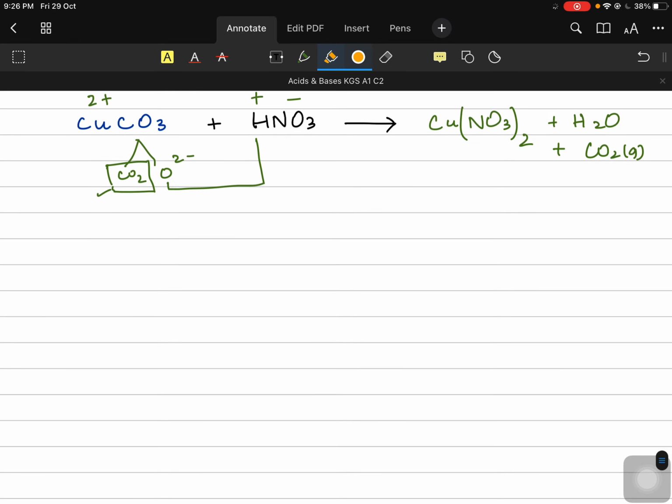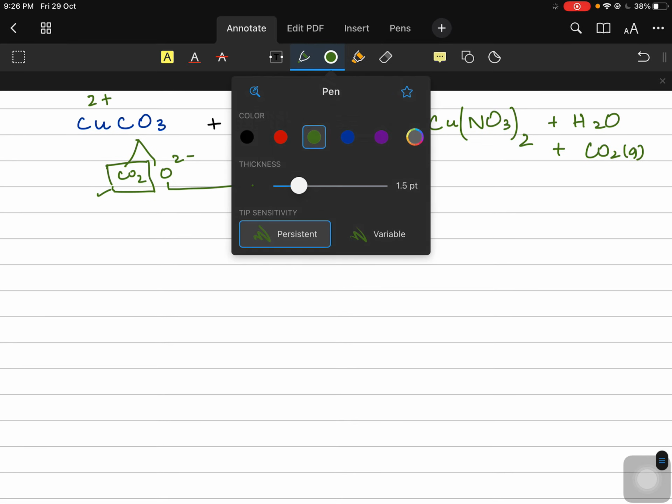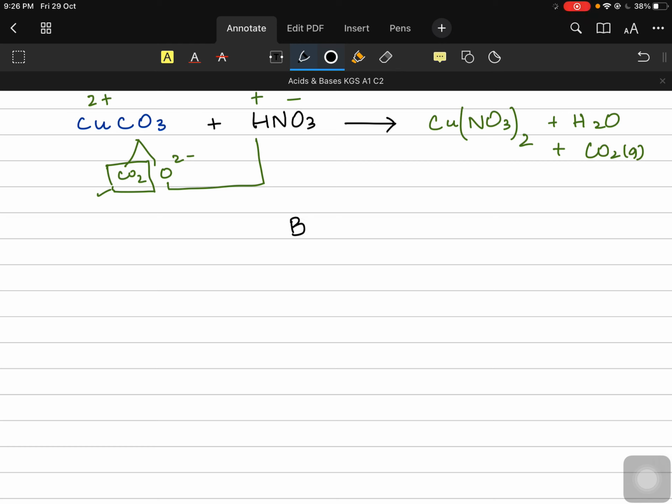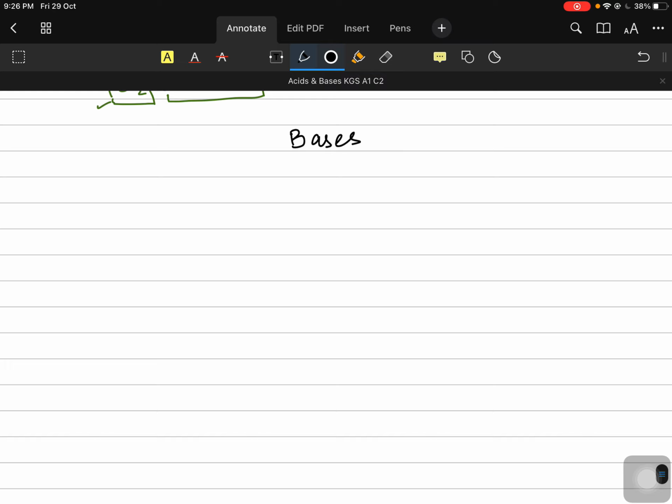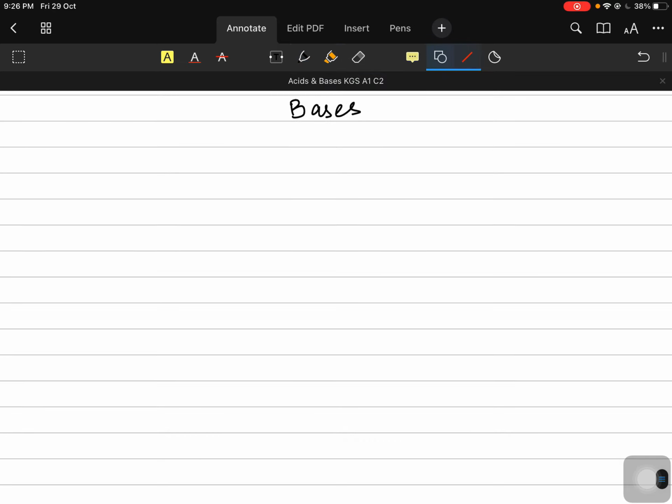In today's session, we are going to be talking about the idea of bases. So we'll see what bases are, because acids react with bases, and we do know that we're going to be calling it neutralization. So we'll see what bases are in this video, and we'll see what the term alkali is all about. So bases, it's a larger term.